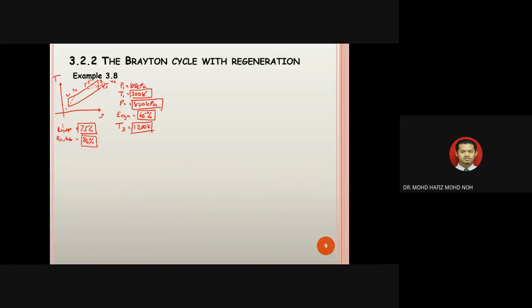Okay, so you have to do state by state. Start with state 1. P1 is 100 kilopascal, and T1 is 300 Kelvin. Okay, you solve this one.